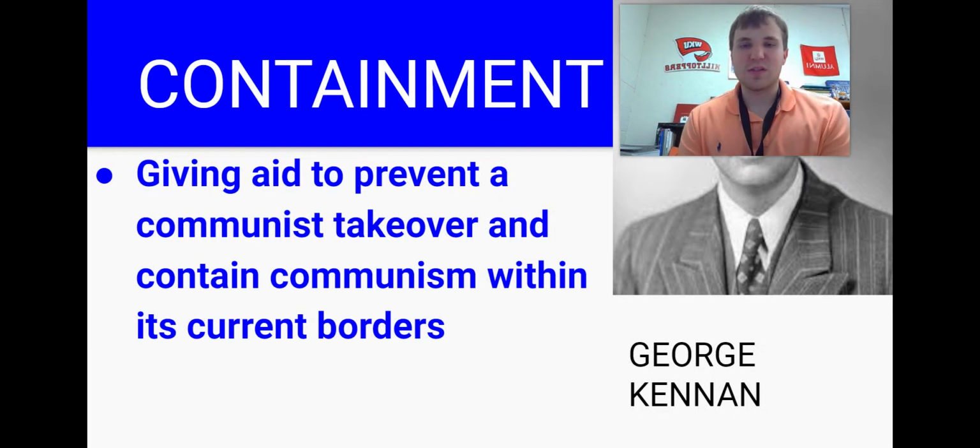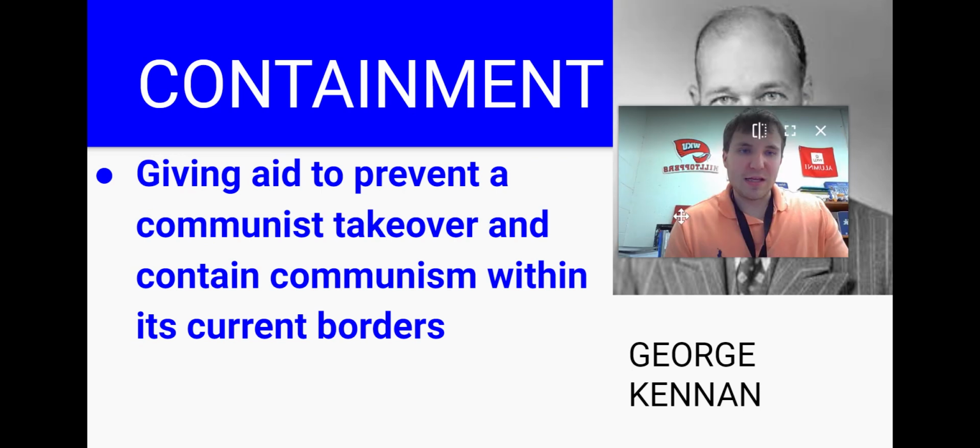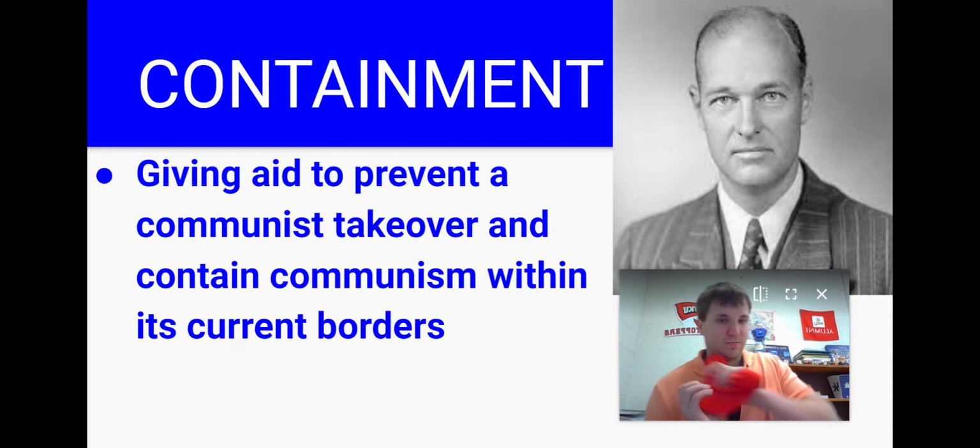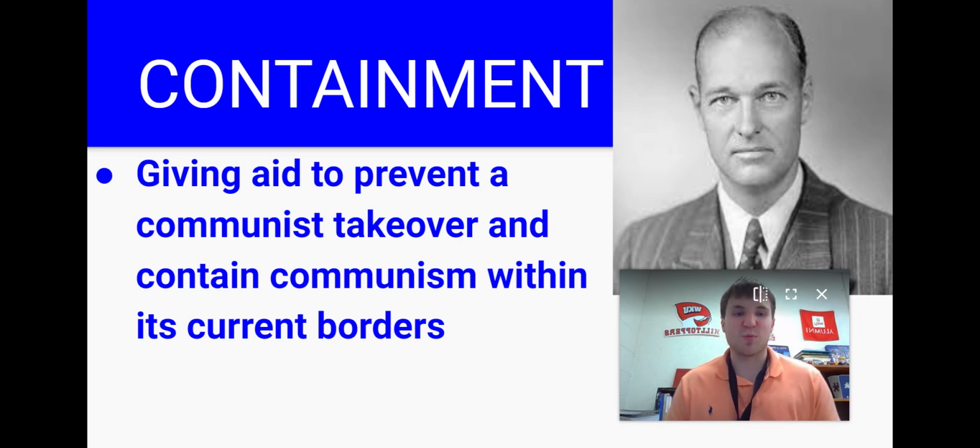Now, the idea of containment. This was the U.S. strategy in response to the domino theory, to prevent communism from spreading because we were scared of it. We didn't want communism to spread and, God forbid, get here. So our idea of containment was that we were going to give aid, money, or whatever was necessary to prevent communists from taking over in certain places. Basically we were trying to keep it contained or quarantined, if you want to view it like that.